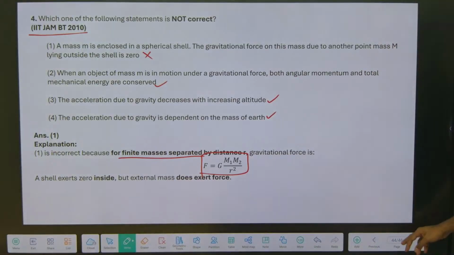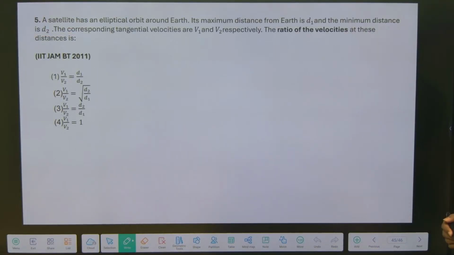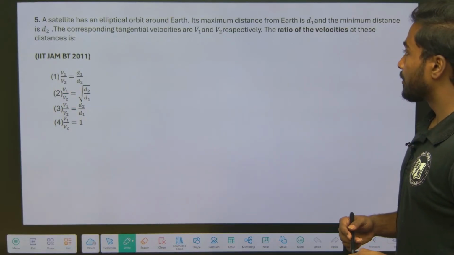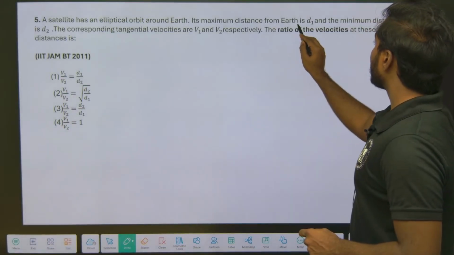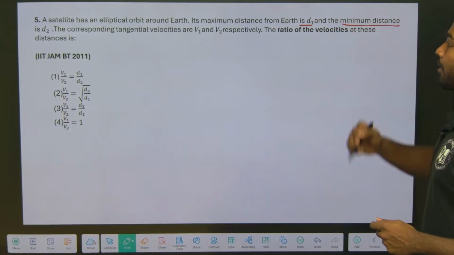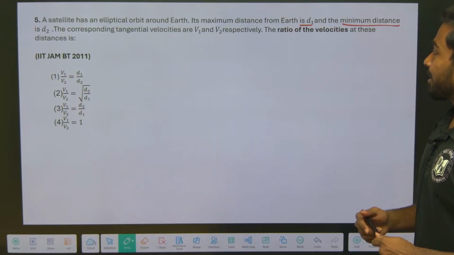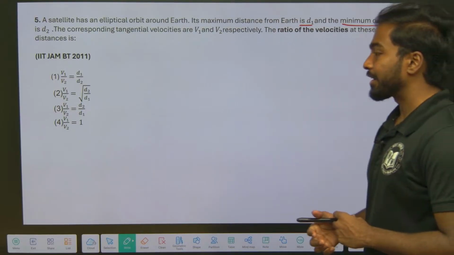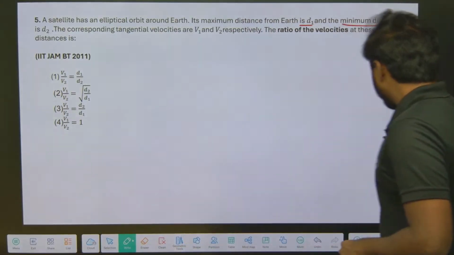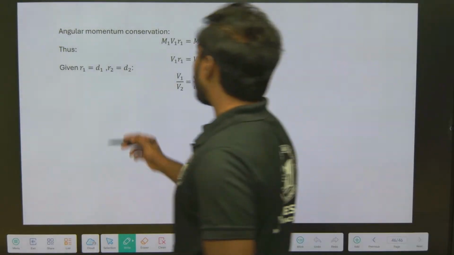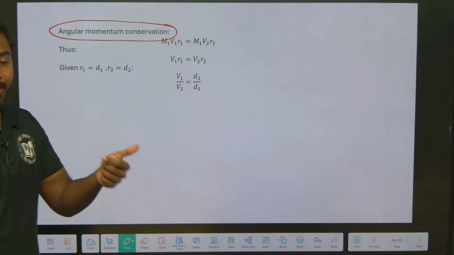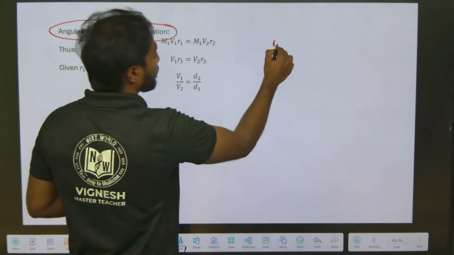This is the answer for the fourth question. The final question: this is an IIT JAM BT 2011 question. A satellite has an elliptical orbit around Earth. Its maximum distance from the Earth is d1 and the minimum distance is d2. The corresponding tangential velocities are v1 and v2 respectively. I need to find the ratio of these velocities. To calculate this, we use angular momentum conservation. Angular momentum is nothing but mvr.